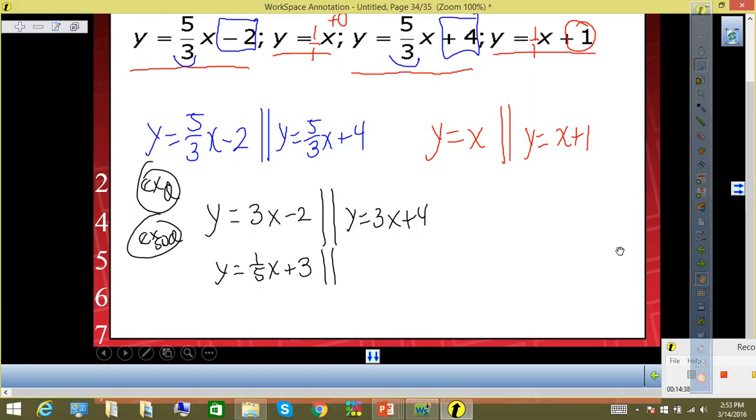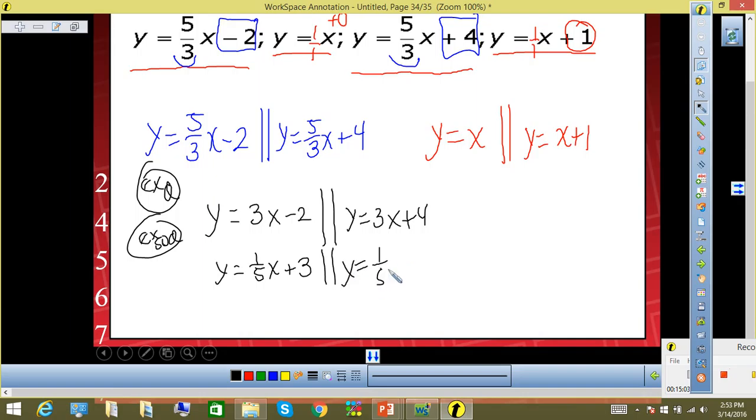Okay. What line is parallel to that one, James? -3 or -2? Hands if you agree that that's parallel to that one. Yes, because they have the same what? Slope and different y-intercept. Everyone understand?